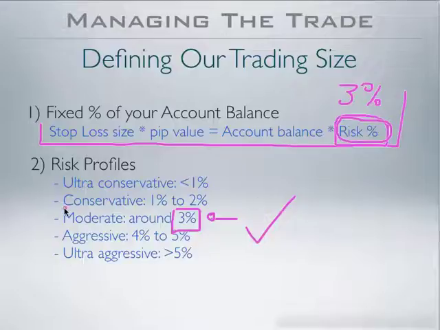If you decide to go the conservative way, simply switch that from 1 to 2%. But just for the sake of discussion, from now on I'm going to be assuming that you are risking 3% of your account on each individual trade.